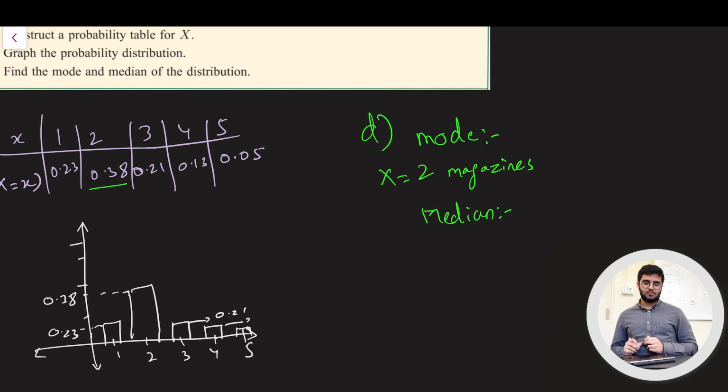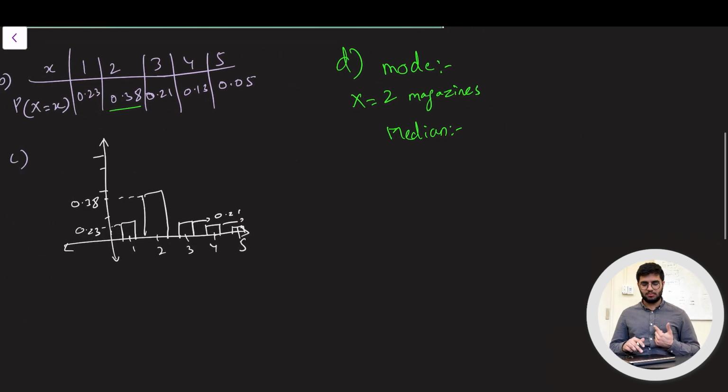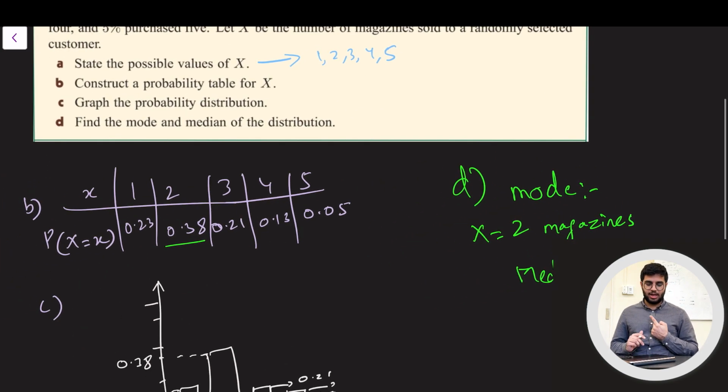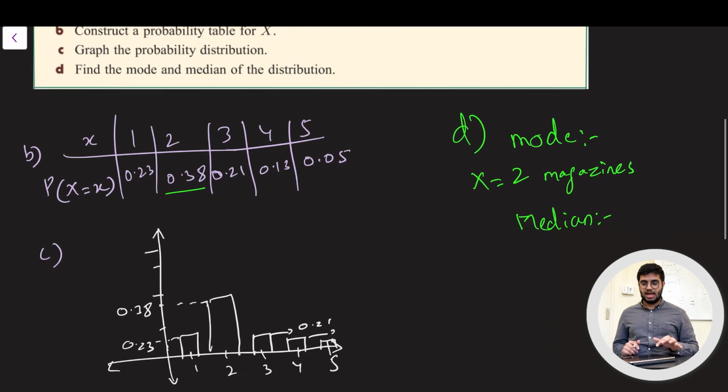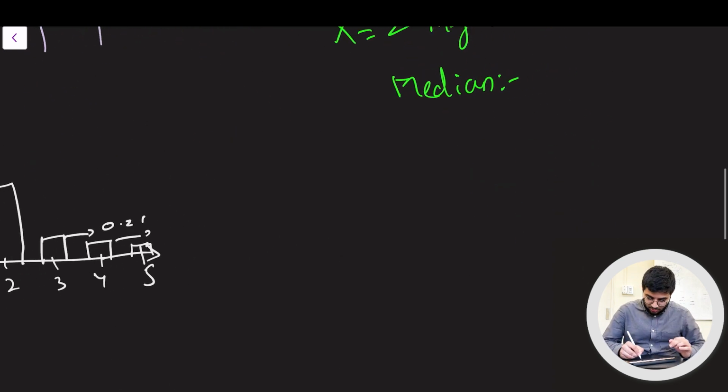Median. Again, we're going to sort it in ascending order, already done. Then we're going to find out when the sum of the probabilities equals 0.5. Let's go ahead and really quickly do that. P1 is equal to 0.23.